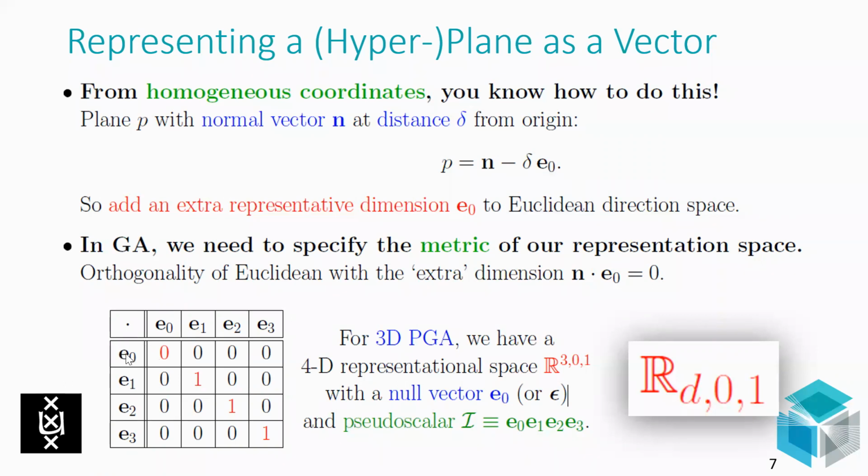And you do that by making this a very special dimension in which e0 dot e0 equals 0, which is why we denote it with a naught. At that moment, we are in the algebra of planes. And for a d-dimensional space, that is R(d,0,1), this says it's just Euclidean dimensions, and this one says there is an extra dimension in which things square to 0.